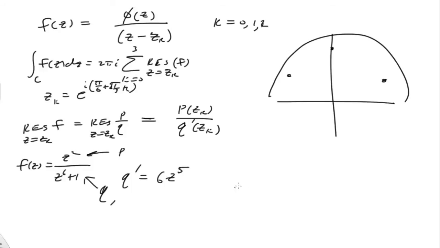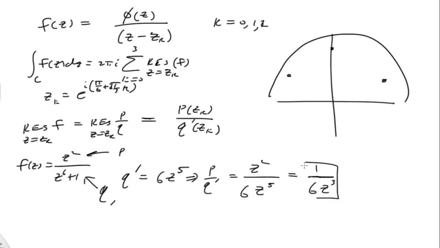So then that means that p over q prime is going to be equal to z squared all over 6z to the 5th power. I can rewrite that now as 1 over 6 times z to the 3rd power. All right, so now all I have to do is evaluate that at my 3 roots. Much easier to do. All right, so let's do that now.